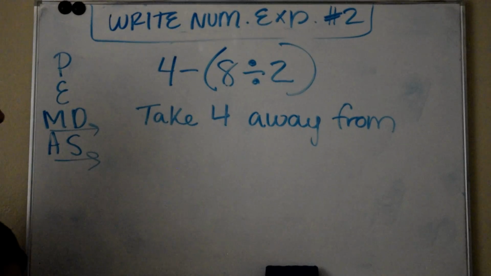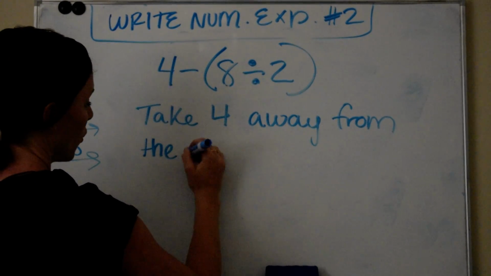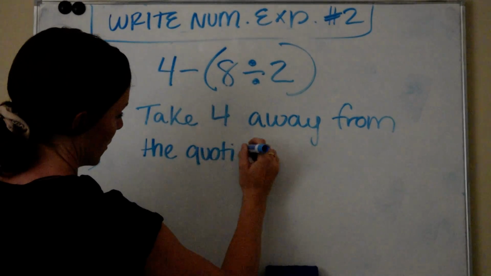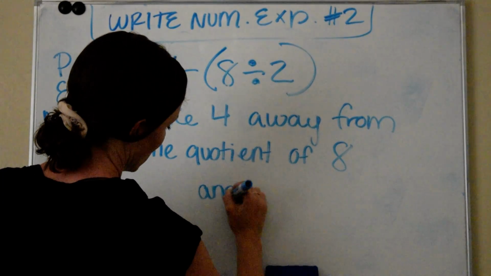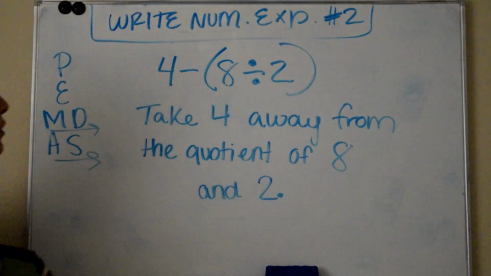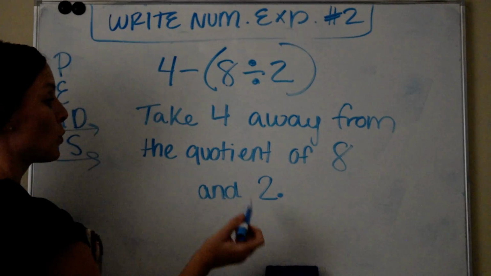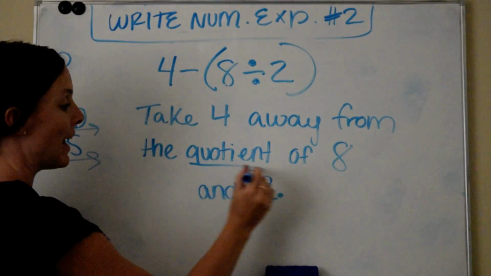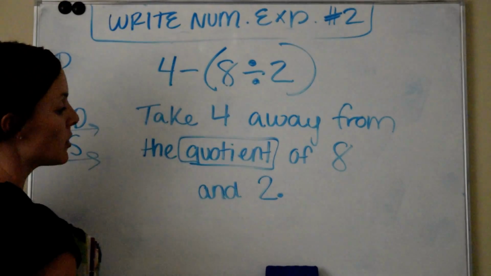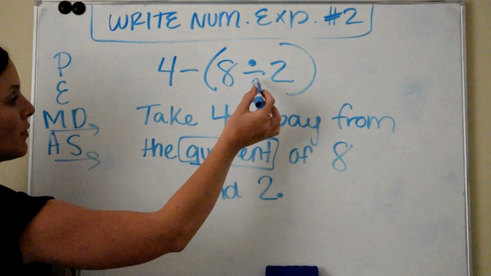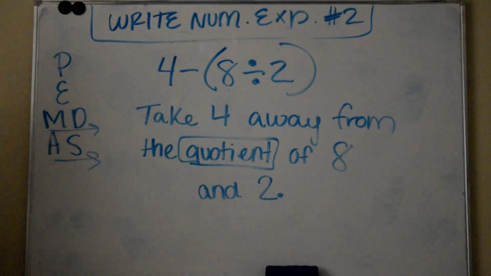The quotient of 8 and 2. So I can say take 4 away from the quotient of 8 and 2. So, did I do this right? Well, yes, from the quotient of. So I want to take 4 away from the answer to a division problem, which would be 8 divided by 2. And that's what I have here. 8 divided by 2, and then take 4 away from it, which would give me 0.